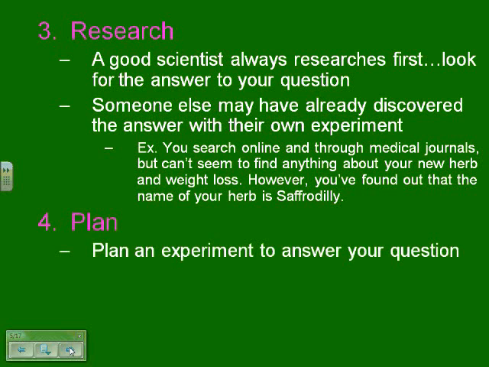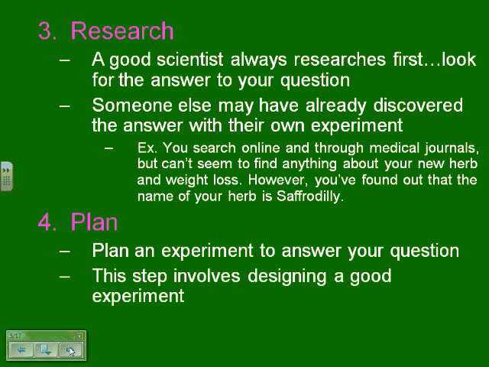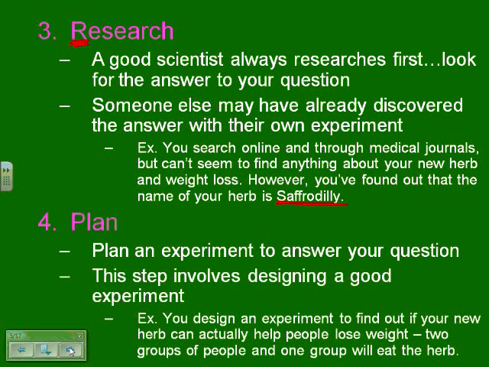So you start to plan accordingly for an experiment that's going to answer that question. Remember, the question was whether or not Saffrodilly could perhaps contribute to weight loss. So you start to plan out this experiment, and this is where experimental design is going to come into play.